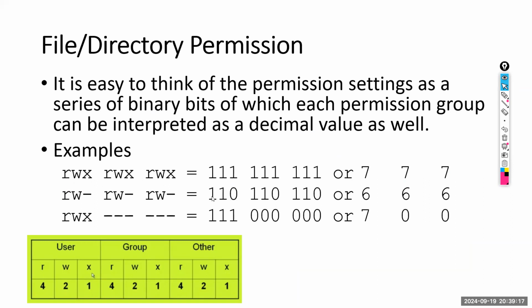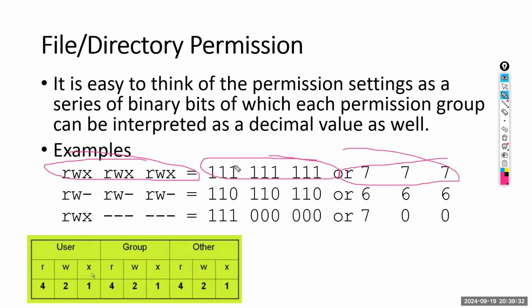This is 6, 6, 6. And this is 7, 0, 0. So either you can look at it like this, or like 7, 7, 7. In this one, it is 6, 6, 6. This one, it is 7, 0, 0. So you must be familiar with this notation as well.